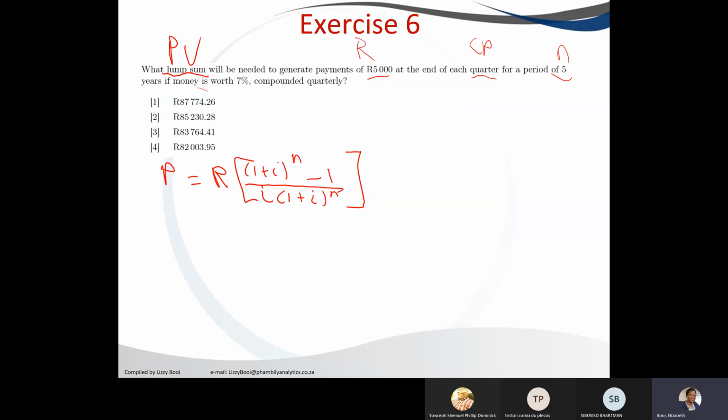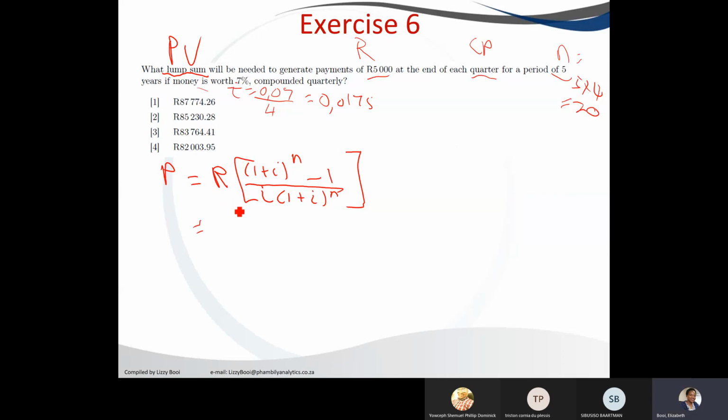That is our payment, and this is our interest, which we need to divide, 0.07 divided by 4, which gives us 0.0175. And we multiply 5 times 4, which is equal to 20.